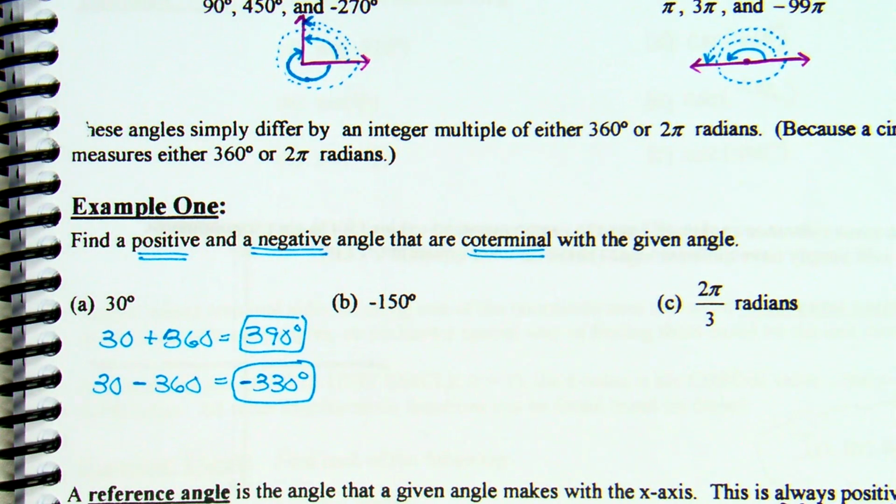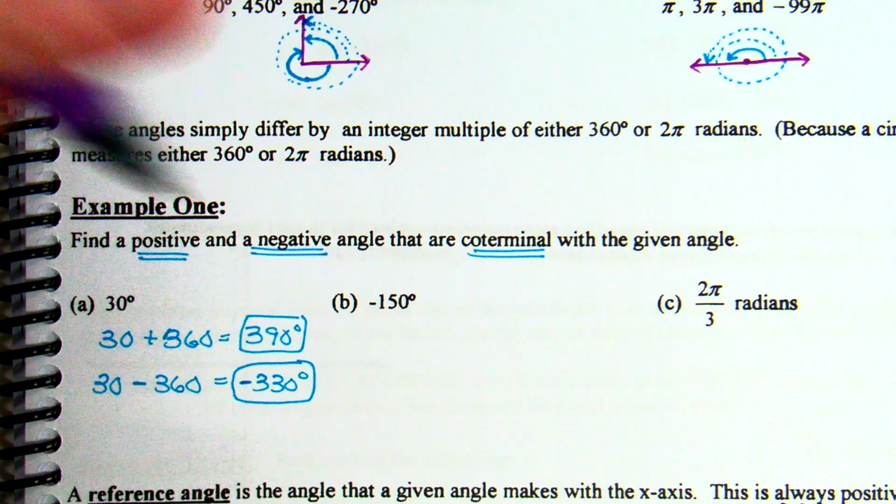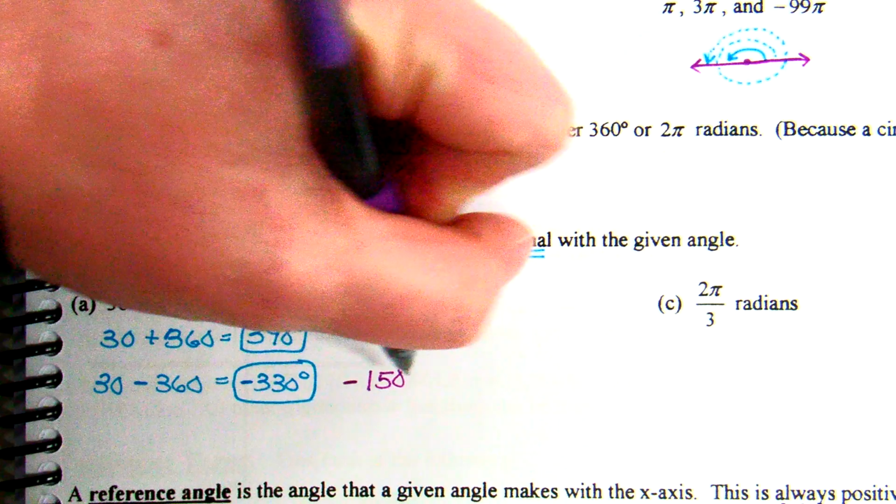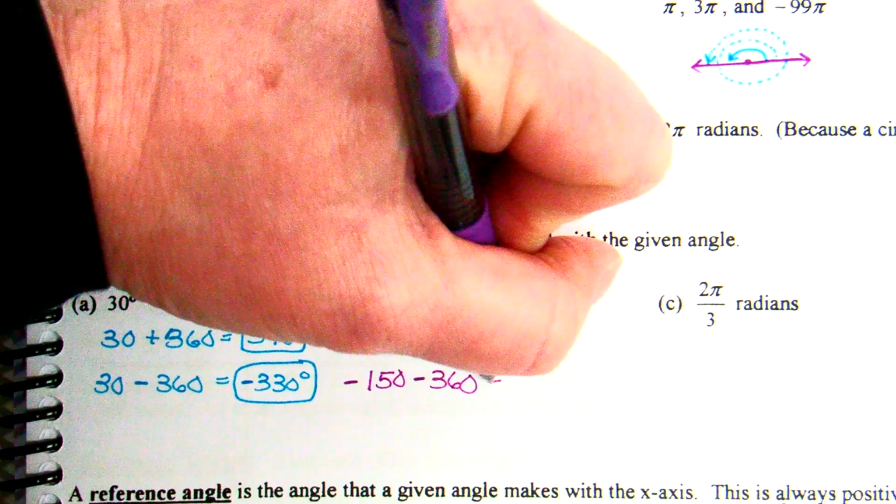Negative 150. I want a positive and a negative coterminal for negative 150. Negative 470. Yeah. Okay. So if we're going for the negative first, you take negative 150 and you subtract a 360.